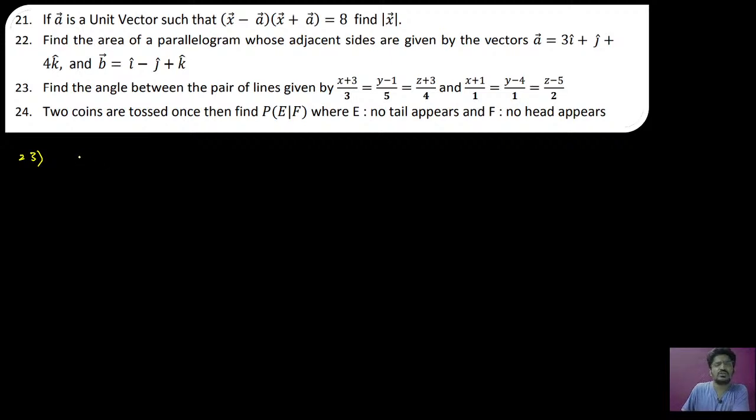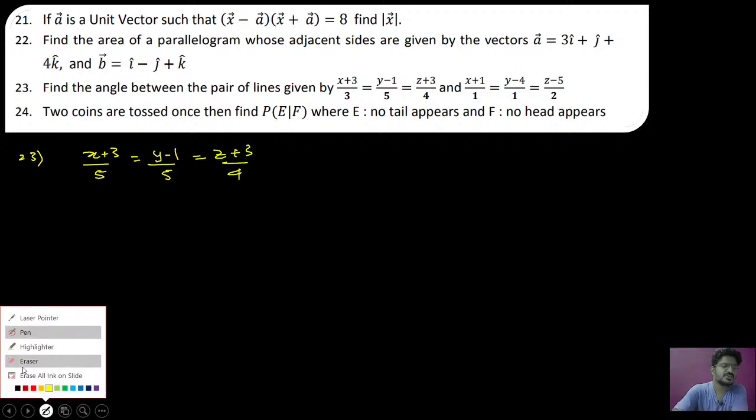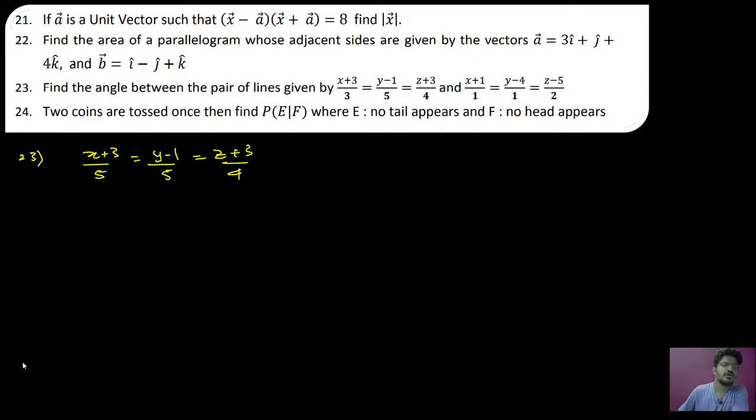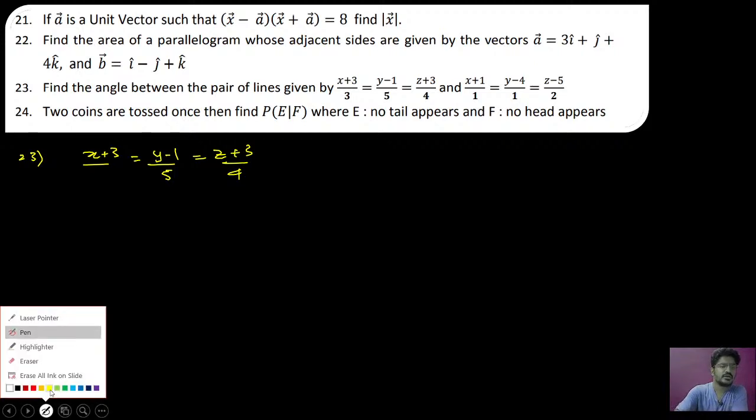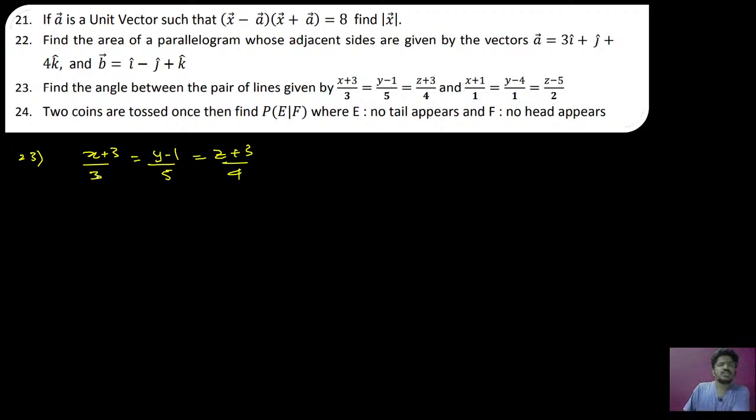What is the formula for the angle between two vectors that we have to take? So you just write x plus 3 divided by 3 equal to y minus 1 divided by 5 equal to z plus 3 divided by 4.